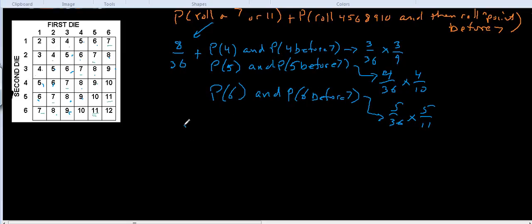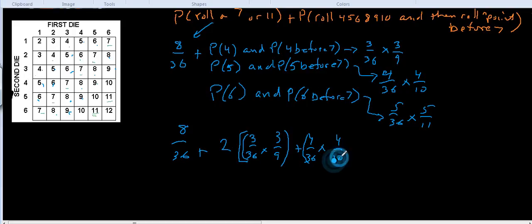So we want to set this up as 8 out of 36 plus doubling: 3 out of 36 for 4 times 3 out of 9, plus 4 out of 36 times 4 out of 10, plus 5 out of 36 times 5 over 11.